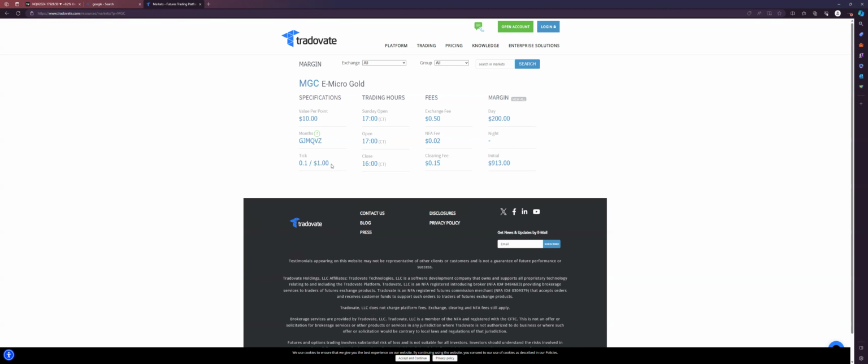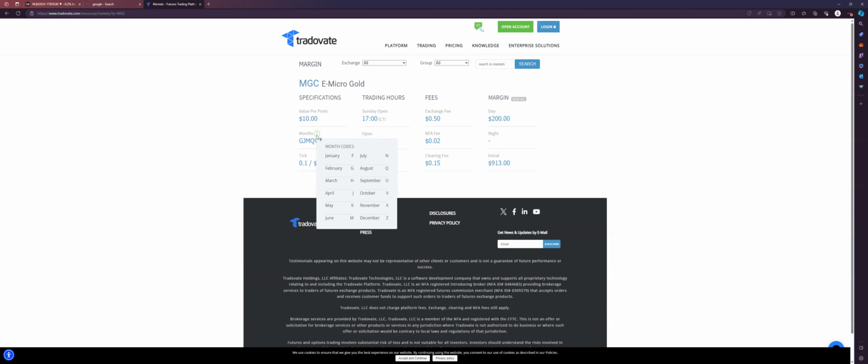So 10 divided by 1 is 10, and that makes sense because there are 10 ticks in one whole point. And once again, here are the current contracts: the G, J, M, Q, V, Z. We always want to stay ahead of the contract you're supposed to be on.